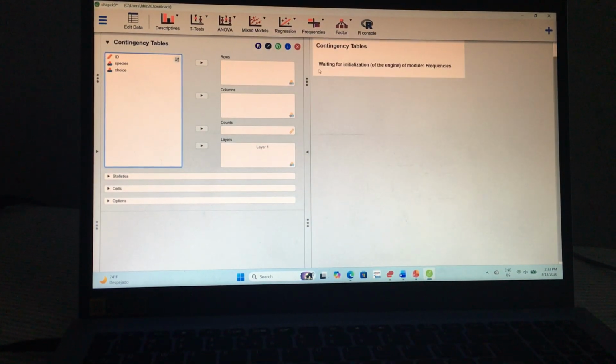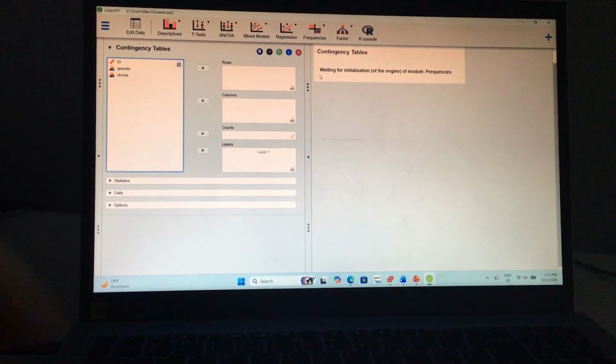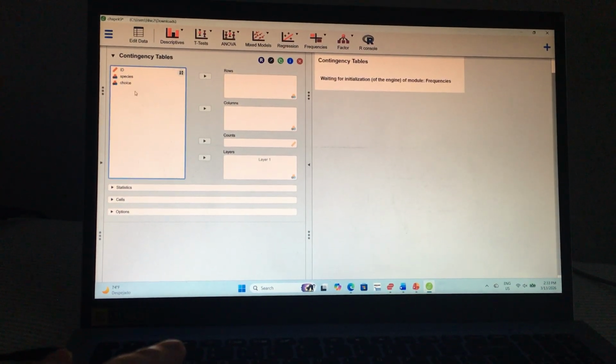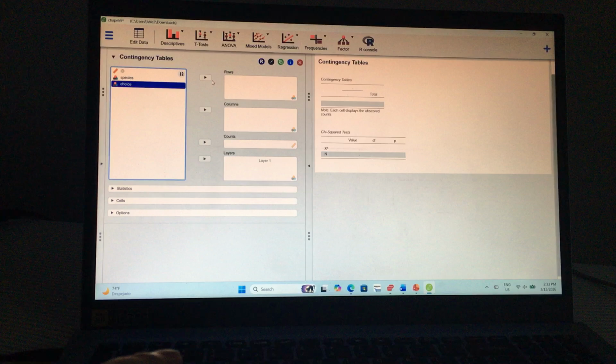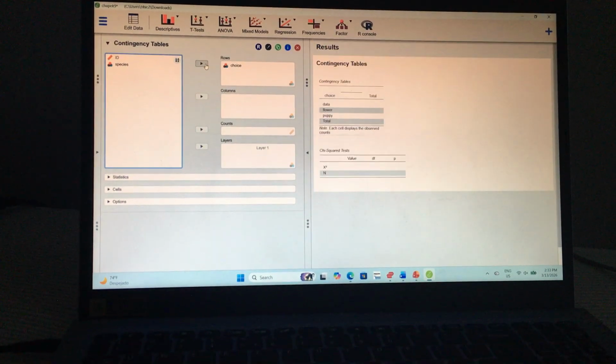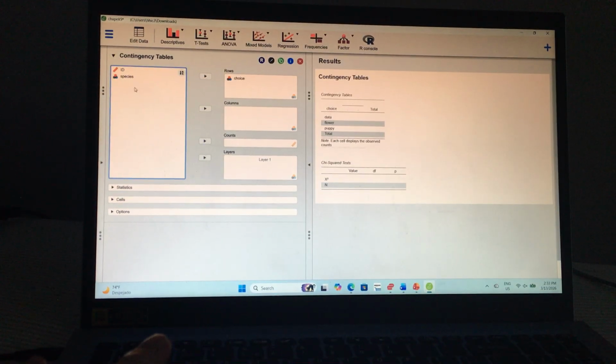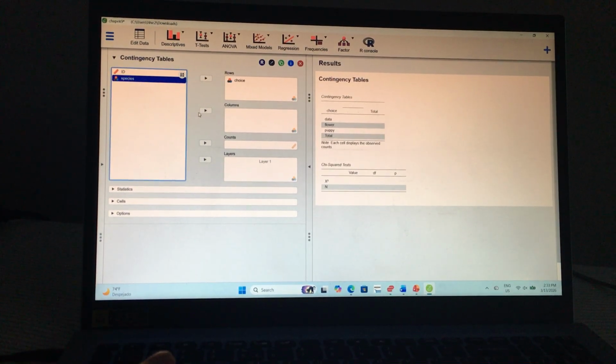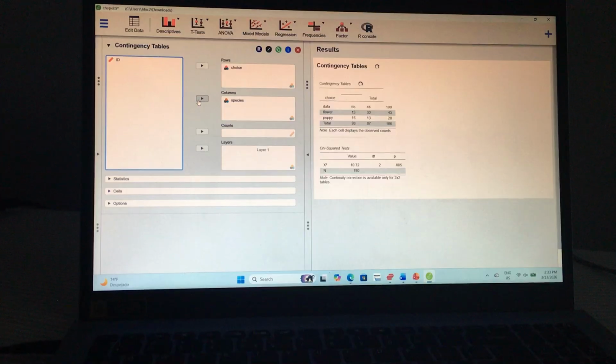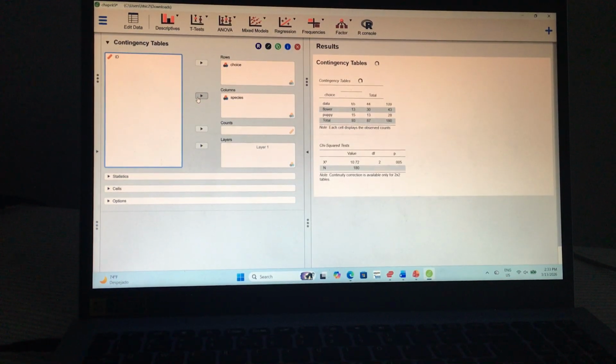We're going to move choice to the rows box and species to the columns box. And we're going to check our output with figure 12.7, which is on page 12.